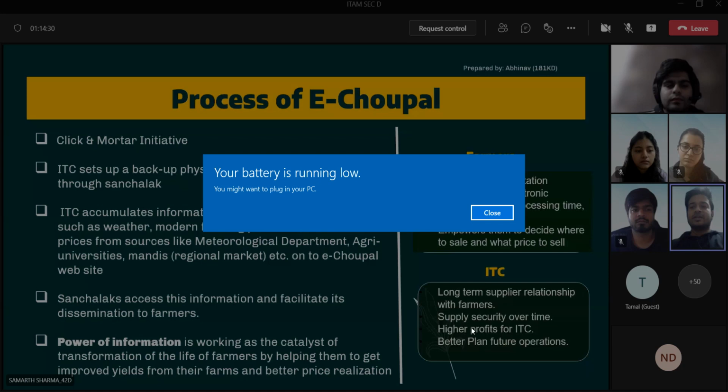While the farmers benefit through enhanced farm productivity and higher farm prices, ITC benefits from the net low cost of procurement, despite offering a better price to the farmers, because of the elimination of intermediaries.